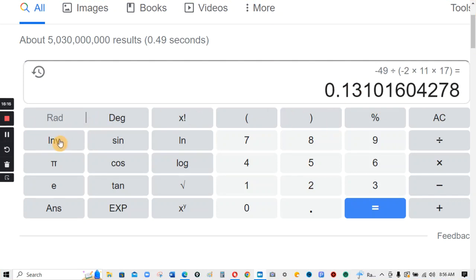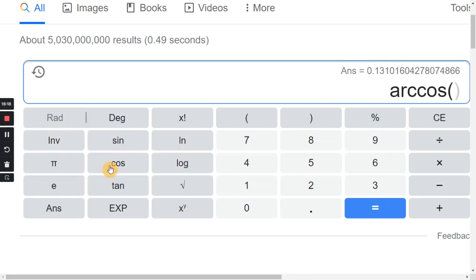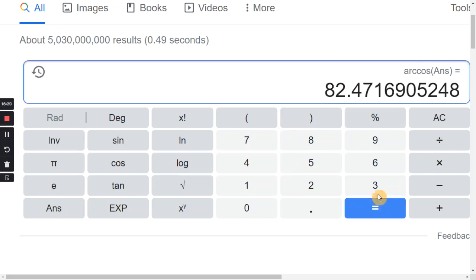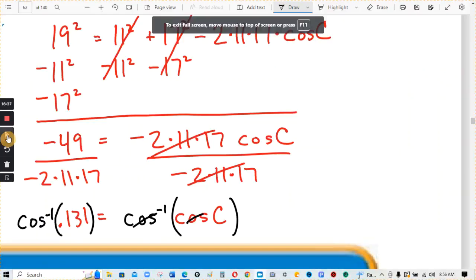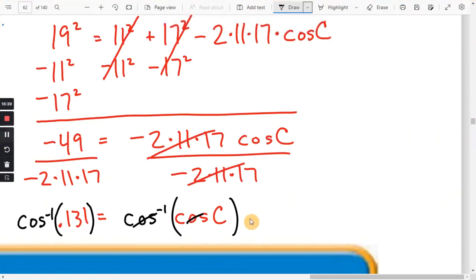I'm going to do inverse cosine, or arc cosine. And on this calculator, if you click ANS, they give you the last answer. Close parentheses and hit equals. Looking at the second decimal, if it's 5 or more, you round up. This is going to be 82.5. So basically, from this equation, angle C is going to be 82.5.